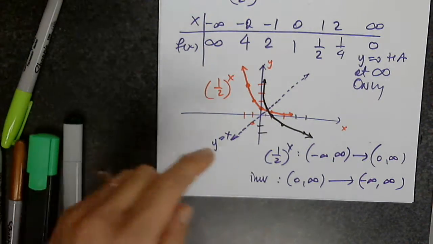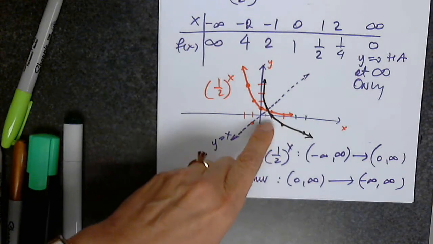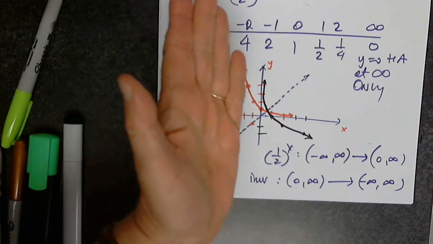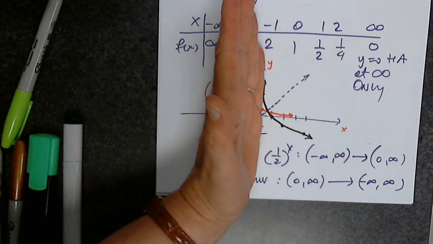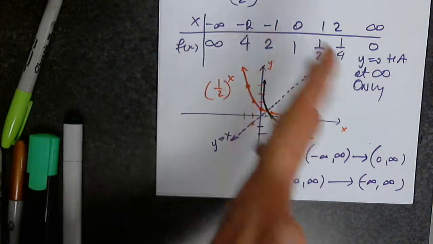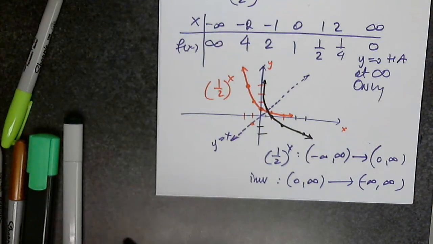Yes, you're perfectly correct. This function, the exponential function, has a horizontal asymptote. Obviously, the inverse function will have a vertical asymptote, as we know from tangent and its inverse. Tangent had vertical asymptotes. Its inverse has horizontal asymptotes. Same thing here. Okay.